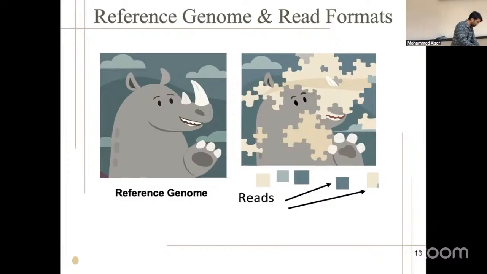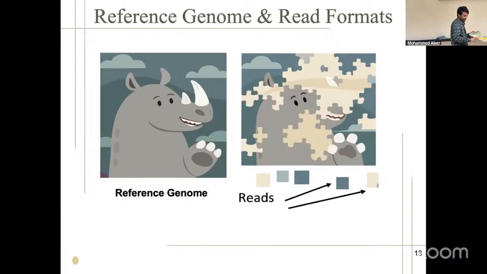If you have this reference genome, then it will be easier to solve any puzzle. I have one small puzzle with me. I wanted to give it to you to solve yourself, but you'd get too absorbed in the puzzle, so I finally decided not to. This puzzle has very few pieces, like 24 to 30.